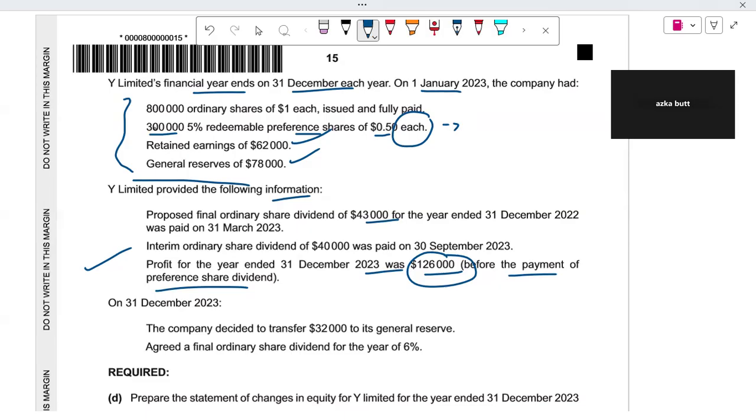So these are the number of shares, and now we are going to find out the share capital. So 300,000 multiplied by 0.50. This is 150,000 share capital, and we paid 5% of it.